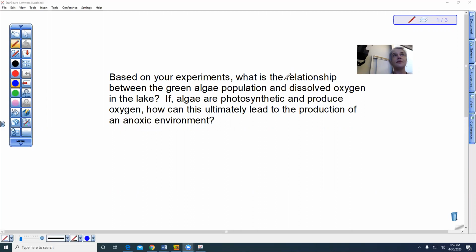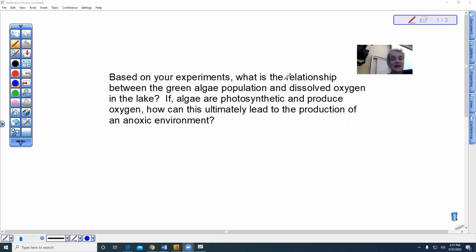In the summertime, sometimes it turns green and slimy, and that is what is referred to as an algae bloom. The algae overshoot their carrying capacity, and then they die. And then it is the subsequent decomposition by bacteria that causes the dissolved oxygen levels to decrease.